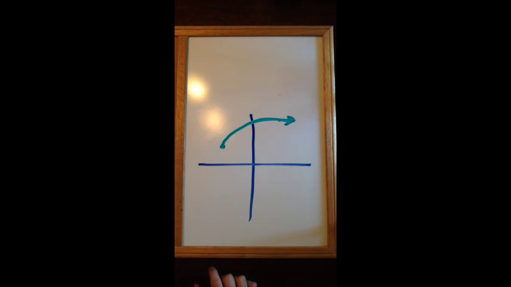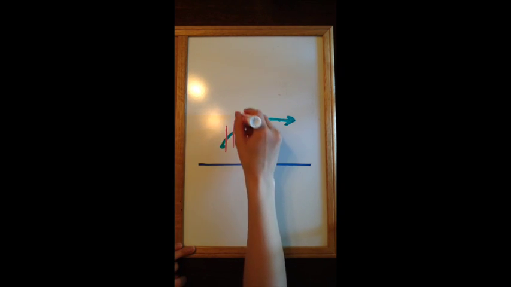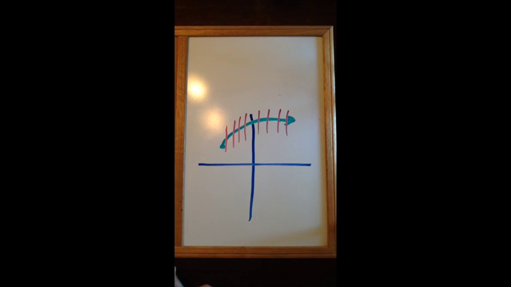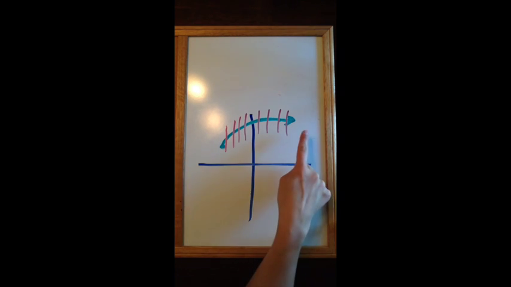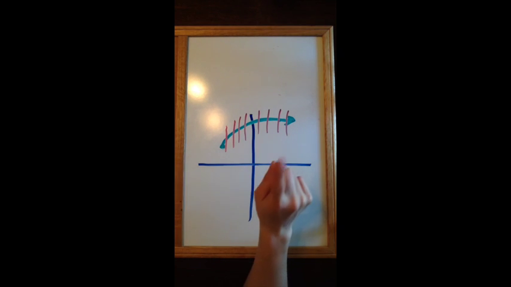You should remember, in order to tell if something is a function, you could do a vertical line test. If I draw any vertical line, and any of these pink lines touch the green graph more than once, then it's not a function. This was the vertical line test that you previously learned about.